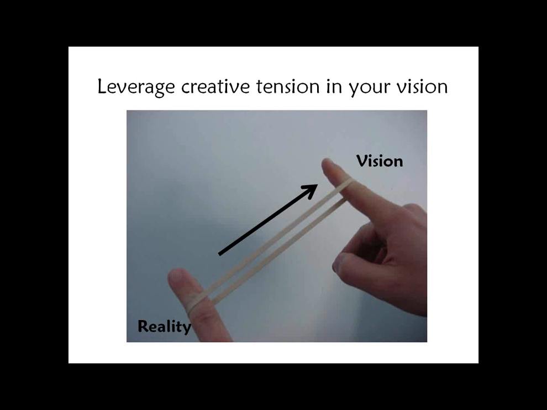So the vision you may come up with when you design for nature may seem incredibly lofty. But Peter Senge of the Society for Organizational Learning uses a rubber band metaphor to describe how you can leverage the creative tension inherent in that vision. He says that tension in a stretched rubber band is like the tension between an idealistic vision and a reality.